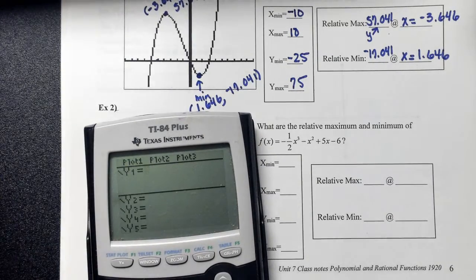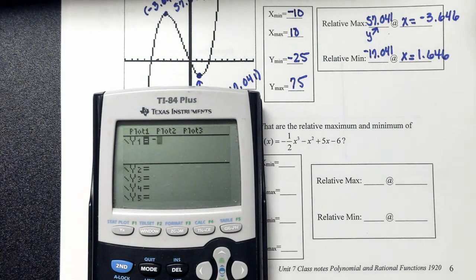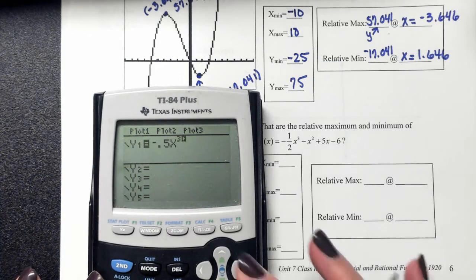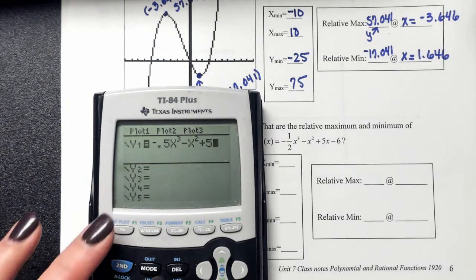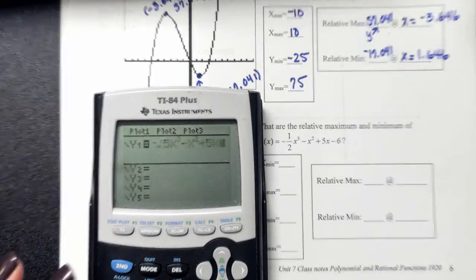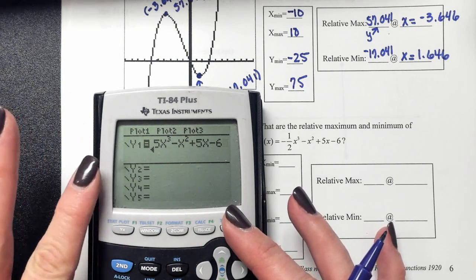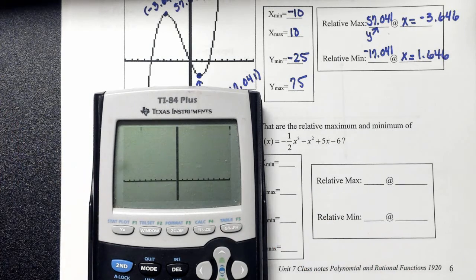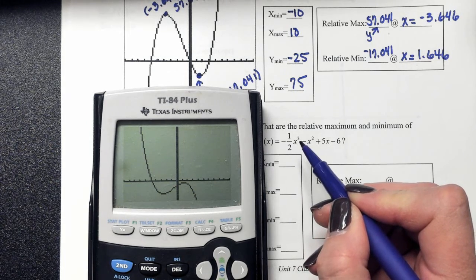I'm going to go ahead and clear out the function, and I'm going to type in negative 0.5, or you can type in negative 1/2, x to the third, minus x squared, plus 5x, minus 6. Again, remember I've adjusted my window from the last example, so I may need to do some more adjustments. So this is a 3rd degree polynomial function.